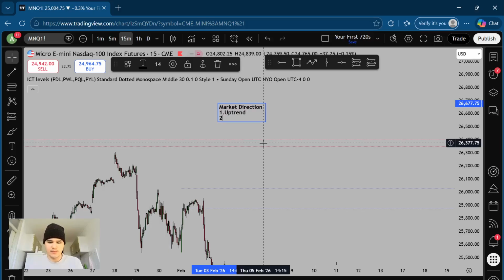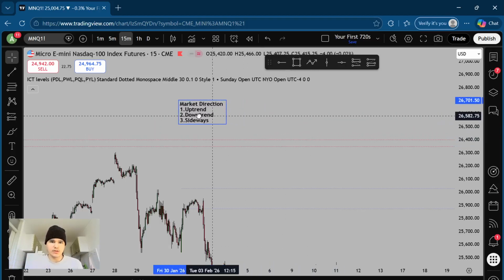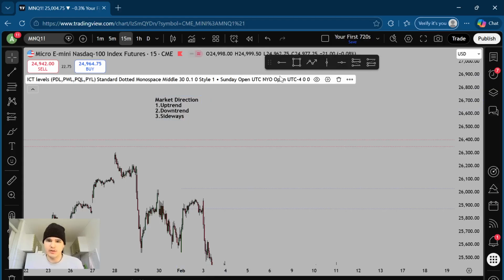It can go up. Second, downtrend. It can go down. And the third one is sideways. So the stock market, futures market, forex market, whatever you are trading can only go in these three directions: up, down, and sideways. So this is the main thing you need to know. This is like a complete beginner's crash course.